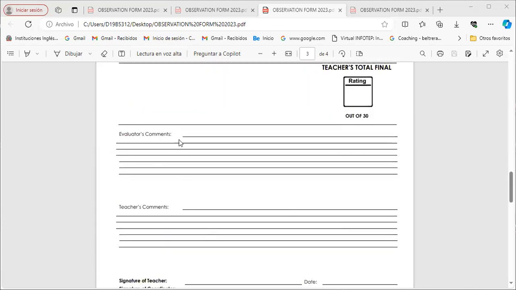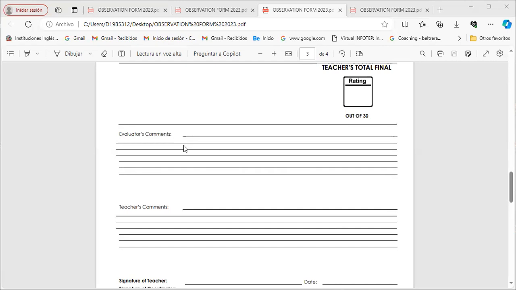Finally, when you complete the observation, you are going to write comments here as the evaluator. How do you feel during the class observed?